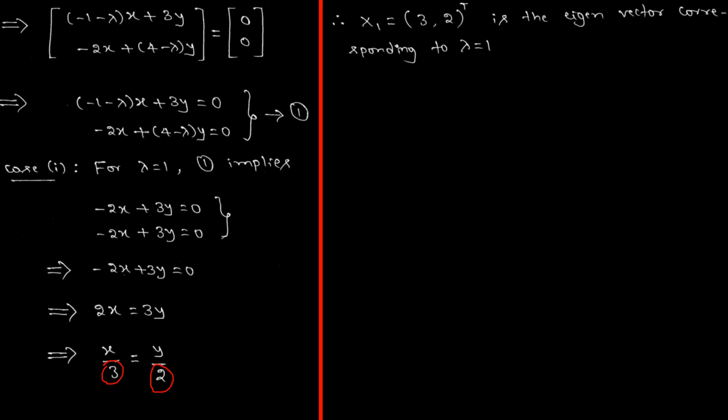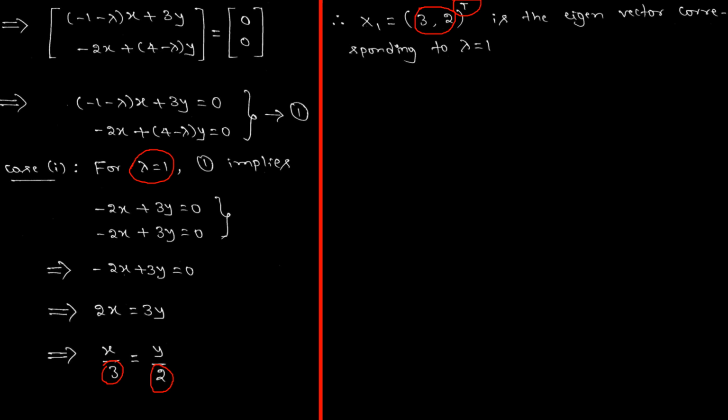So we have taken (3, 2) as our eigenvector. Since we need to represent that vector in column form, we have written the transpose. So this is how we found the first eigenvector for the lambda is equal to 1 case.